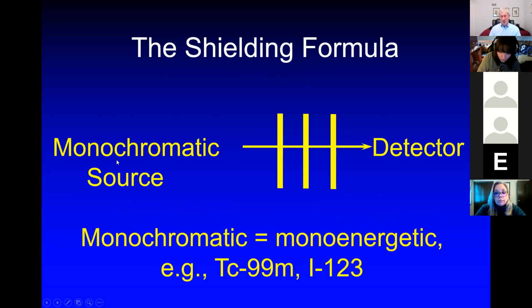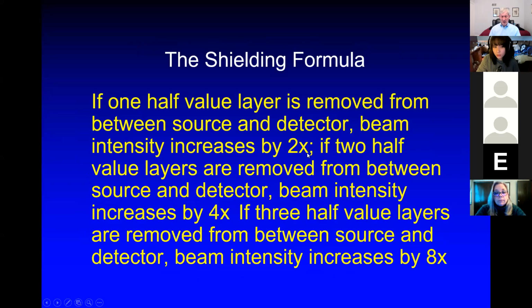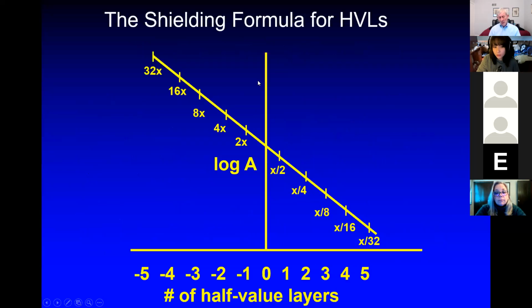And here's what we've got. We have a source, a monochromatic source, which we'll define as monoenergetic, going through a bunch of barriers. They're identical in composition and thickness, and reaching a detector. And so I'm going to show you this graph here. This is showing you that from the 0 point, we're right here.